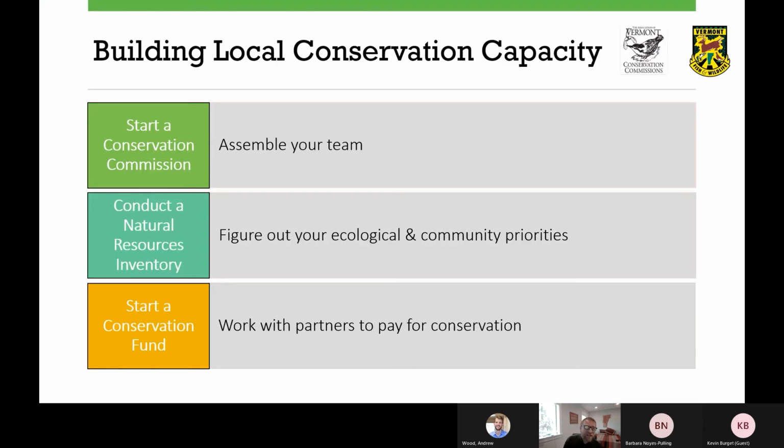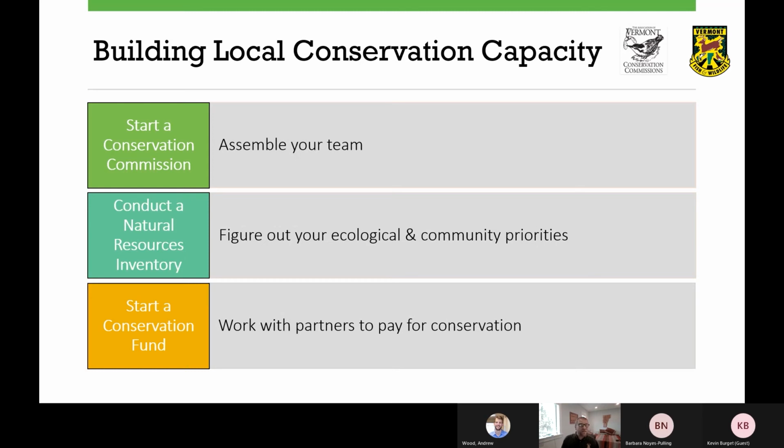This morning's topic about starting a conservation commission is part of a three-part nuts and bolts series that the department is hosting with the Association of Vermont Conservation Commissions. The idea here is that first, you want to assemble your team, get the conservation commission together and working together effectively. Then you want to know more about what your ecological priorities are, and we recommend conducting a natural resource inventory to understand that ecological context.